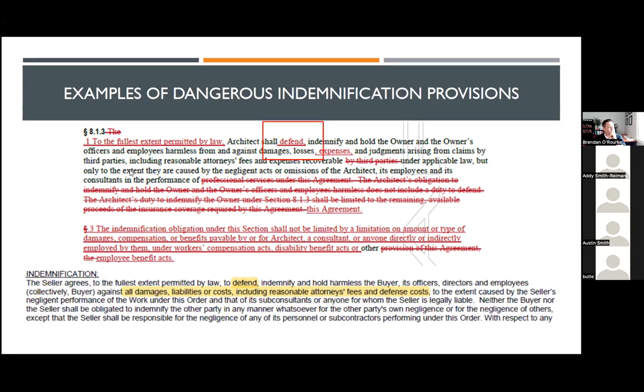And we always have our scope of services as an exhibit within the agreement. So that's what we're referring to. That kind of protects us, I assume. Is that correct? Is that the way you understand it?